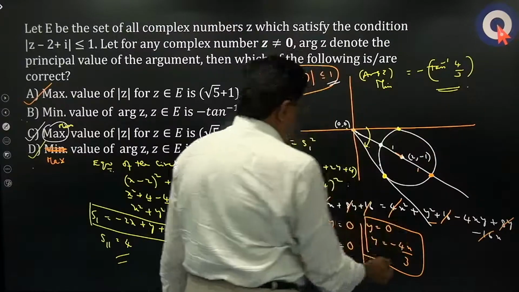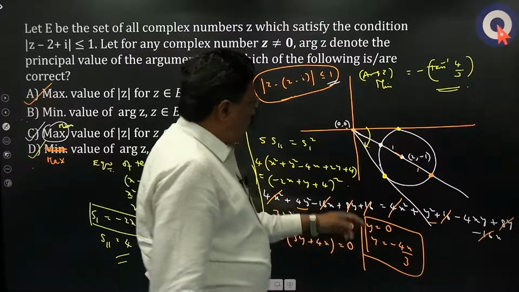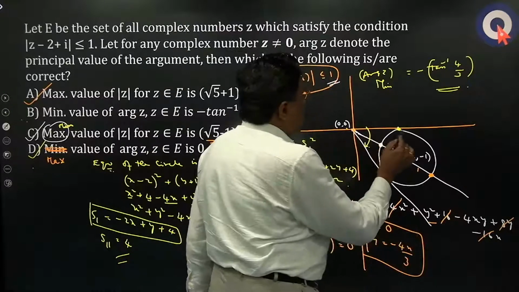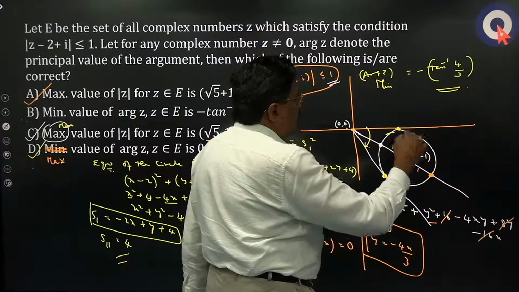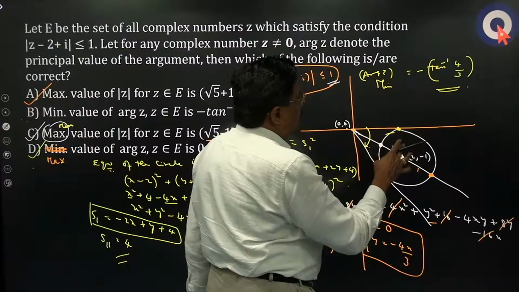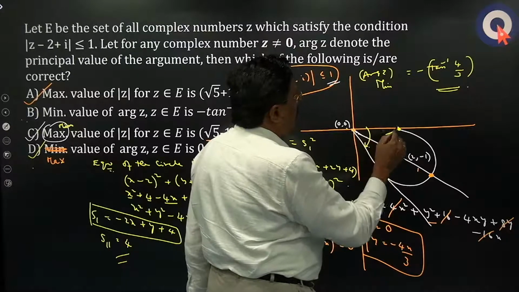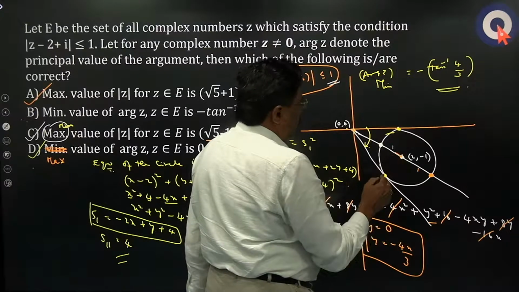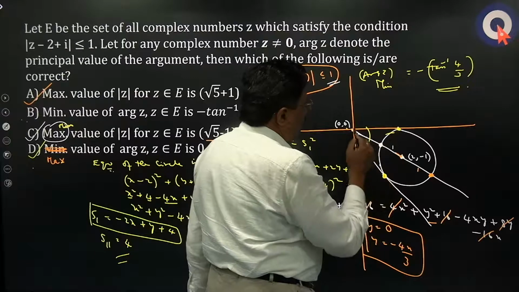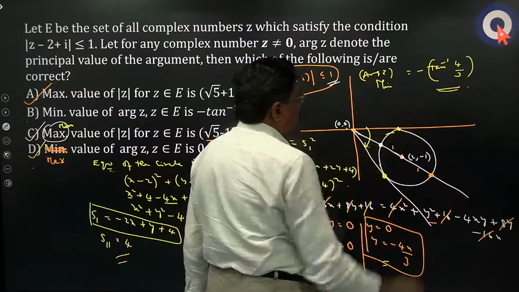So this is the minimum value of arg Z. So arg Z can be anywhere on this plane. Once again on this disc, this is the disc and the locus of Z is this disc. Now if Z is here, arg Z will be maximum and when Z is here, arg Z will have minimum, and that minimum value of arg Z is minus tan inverse 4 by 3.